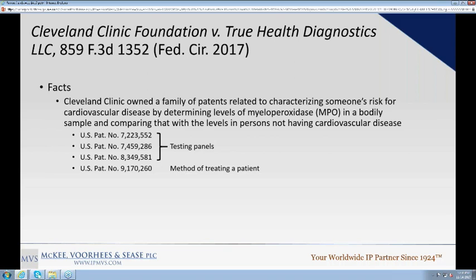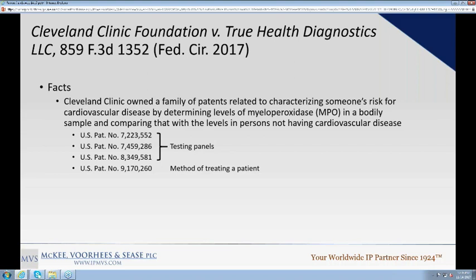And so what they figured out is that if you had a certain amount of MPO activity, or if you had a certain level of MPO mass in your bloodstream, that there was a higher chance of cardiovascular disease within a certain time period. And so they had these 3 patents directed to testing panels, and this last patent directed to a method of treating a patient.